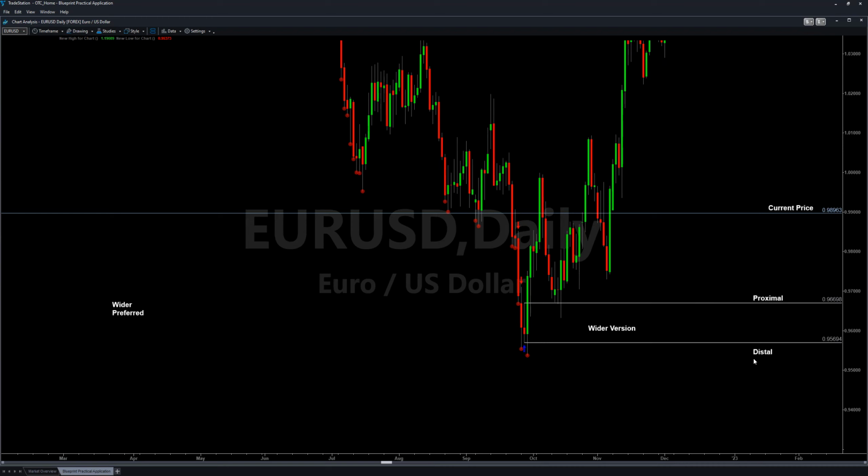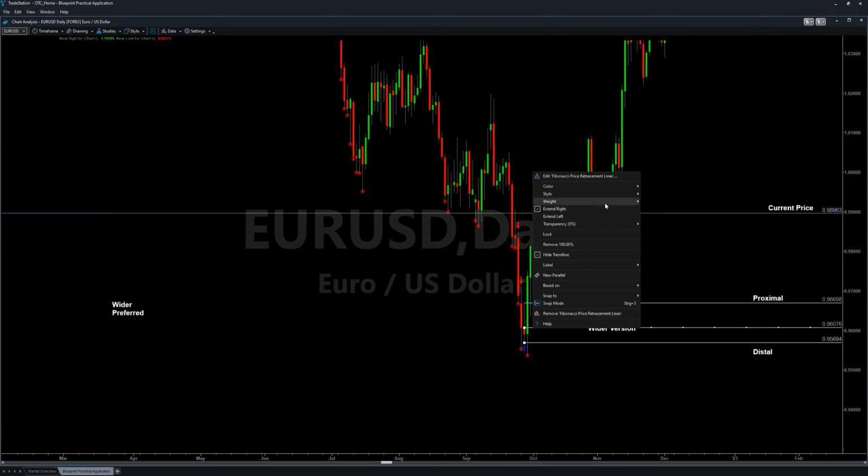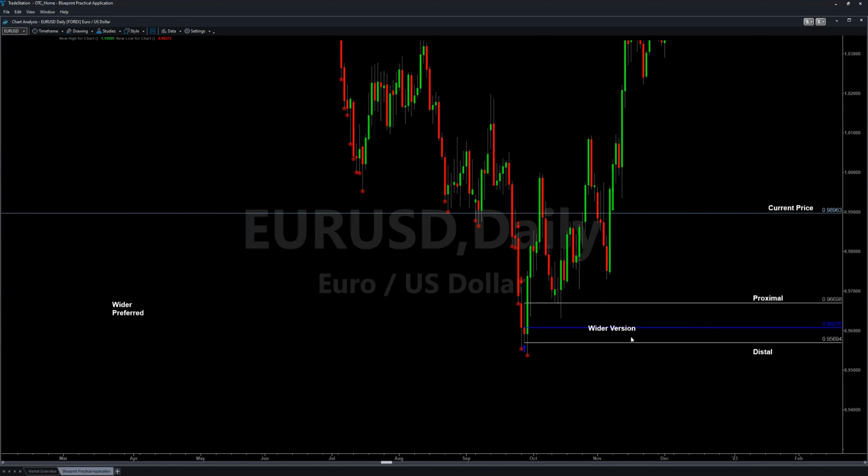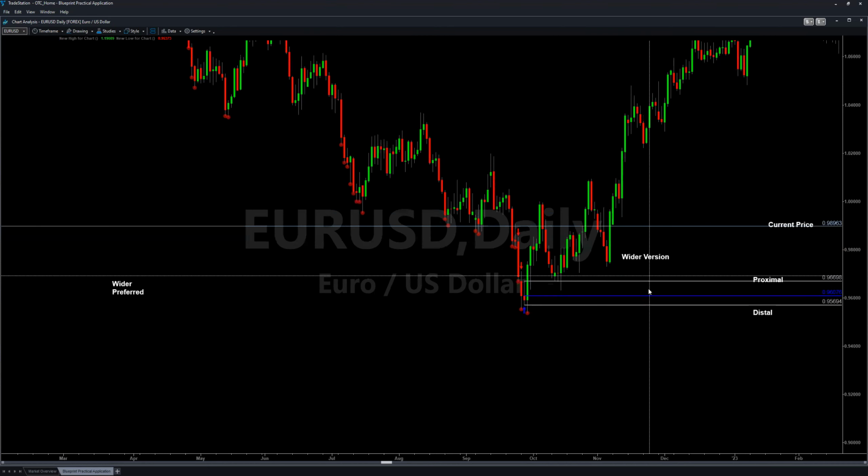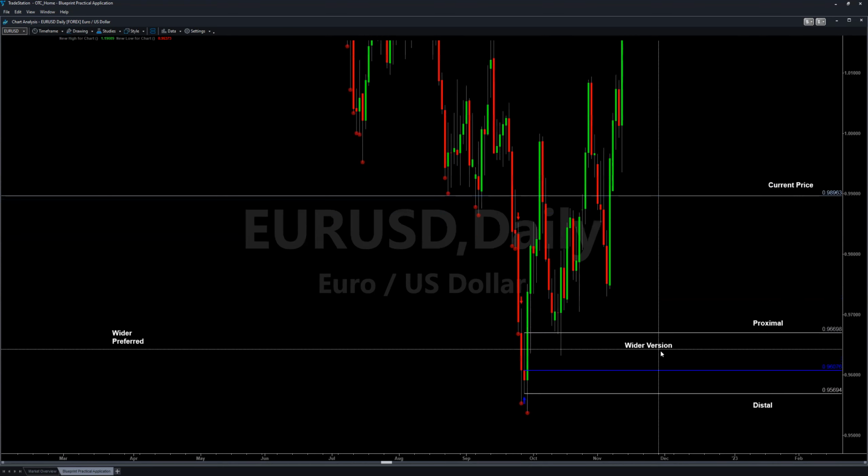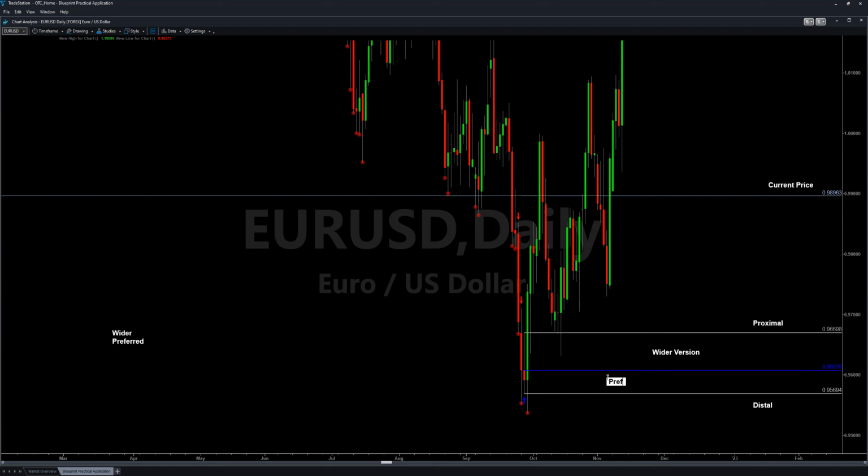Difference is the proximal line, and that means color. Can I change this? It's, for example, blue, and now that's a wider version, the full area here, and this is the preferred version.